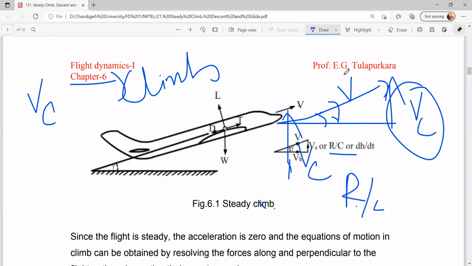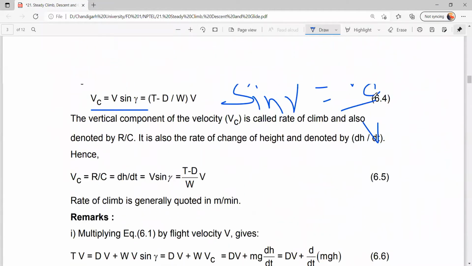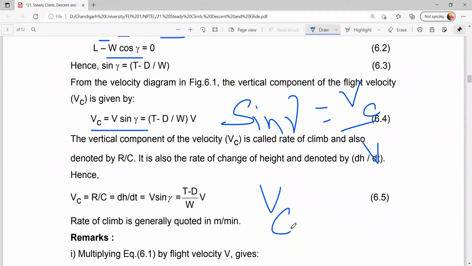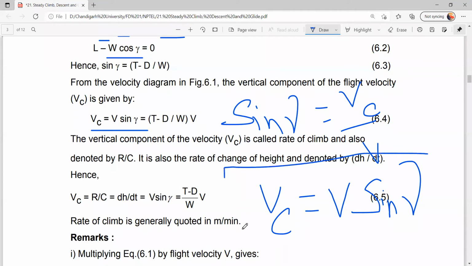So VC is opposite and V is hypotenuse. So sine gamma equals VC by V. It can also be written as velocity of climb is equal to velocity of the aircraft multiplied by sine of angle of climb. Okay, so this is how it will be determined.